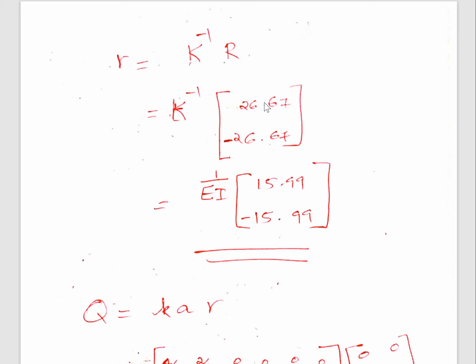R1 is equal to 26.67 and R2 is equal to minus 26.67. So when you multiply K inverse and R, small r is obtained as 1 by EI into 15.99, minus 15.99.